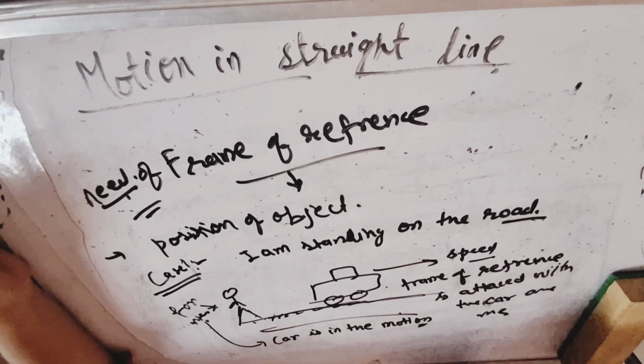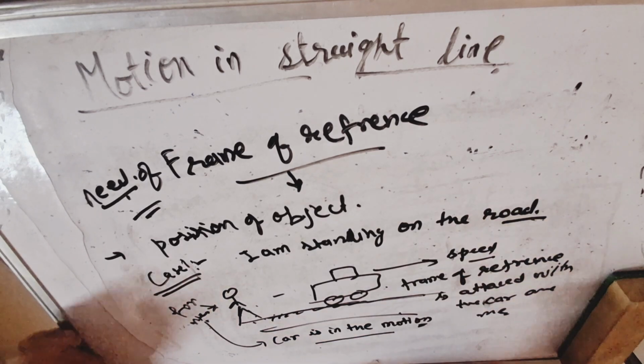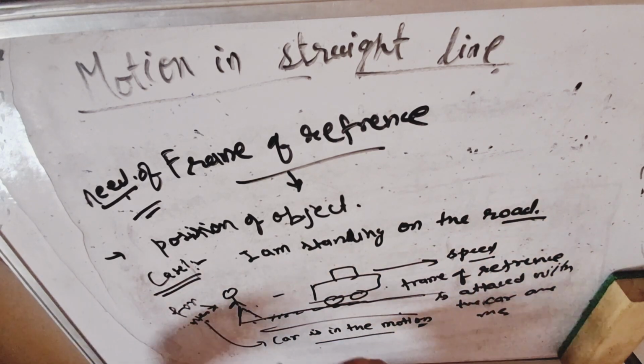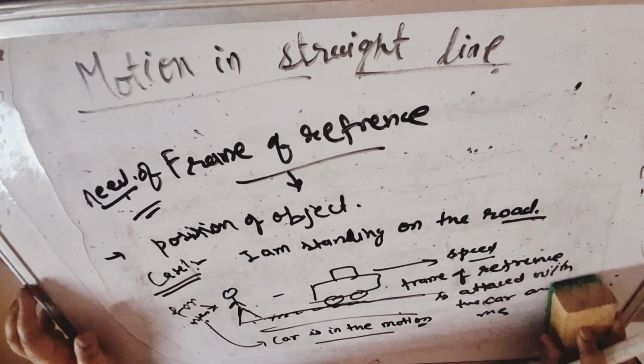That's why for me the car is in motion. Okay, this is the first use of the frame of reference. I can identify that the car is changing position with time. Okay, now the second case.